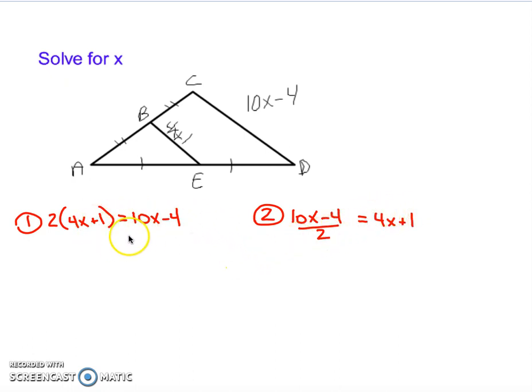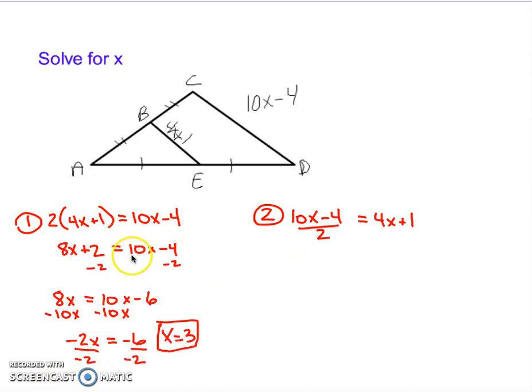So this one is doubling the midsegment and setting it equal to the third side, or this one is taking half of the third side and setting it equal to the midsegment. If you solve for both of these, you still get the same answer. So go ahead and try to solve for those now.